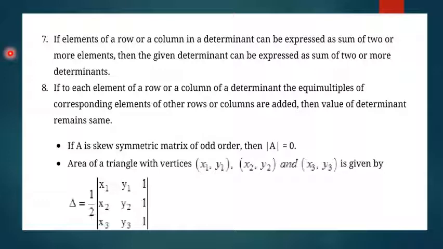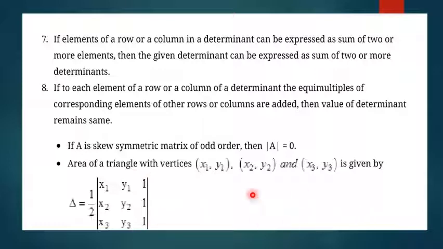0. Then the area of a triangle with vertices x1, y1, x2, y2 and x3, y3 is given by area equal to half determinant, with x1 y1 and last column 1 1 1, x2 y2 1, x3 y3 1. Here you can see that x1 x2 x3 we put in one column, y1 y2 y3 we put in one column, and 1 1 1 in the last column.